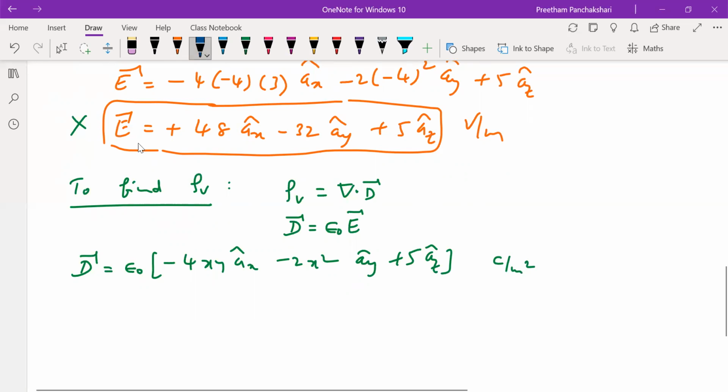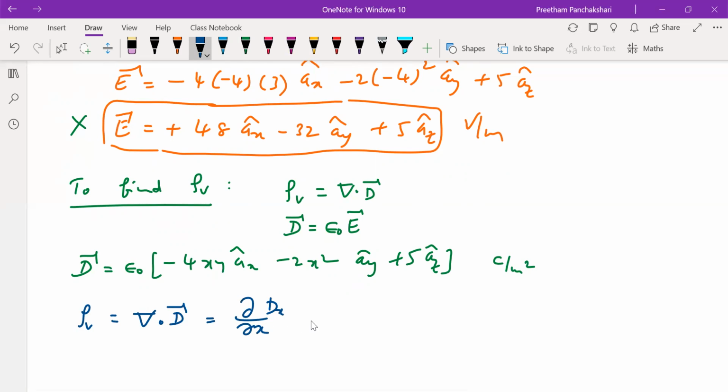Now we shall jump into rho v, that is divergence of D, which can be expanded as dou by dou x of dx. Look here, no unit vectors will appear because it is a dot product, a scalar operation. So dou by dou y of dy, dou by dou z of dz.